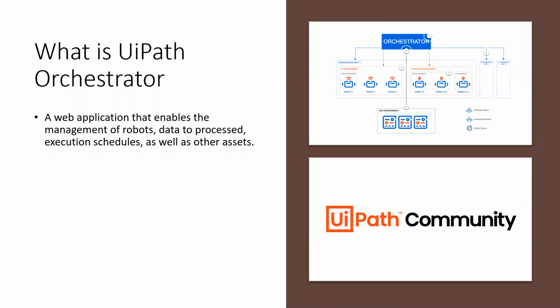Orchestrator is basically a web application that enables the management of robots. Robots are basically the workflow that you build, the data to be processed, how your data is to be processed, how it should be executed, how it should be processed while your workflow is running. Maybe suppose you are doing some Excel automation, how the Excel file should be read, written again and again. So that is the main use.